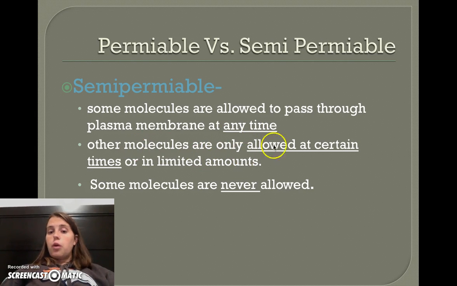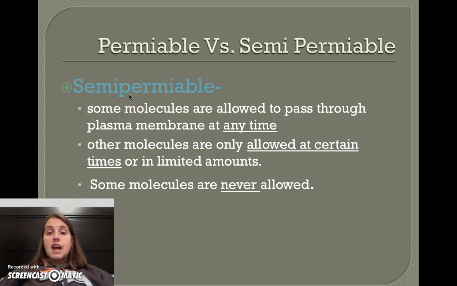Other molecules are only allowed in at certain times or in limited amounts. And some molecules are never allowed in. So it means that sometimes everything can come in, sometimes only certain things can come in, and sometimes nothing is allowed in.